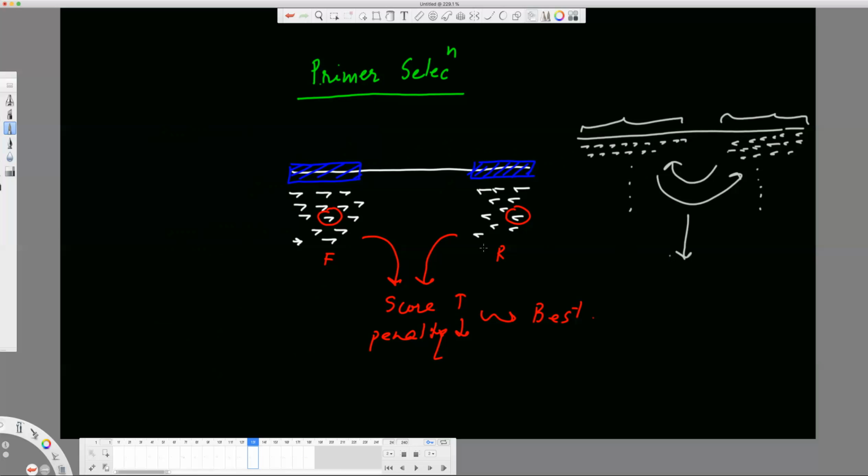Then how do you actually get the best primer pair? So you actually don't get the best. What you do is find the optimal primer pair, which means that you need to do optimization rather than having a deterministic solution. So you heuristically do your calculations using an optimization algorithm.